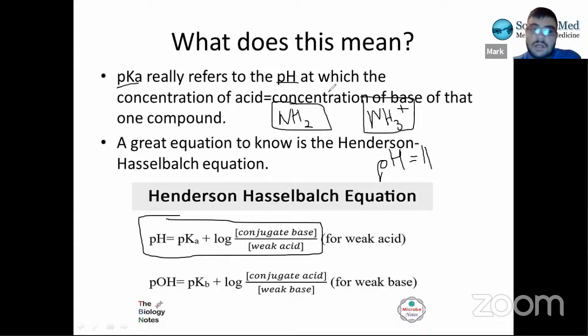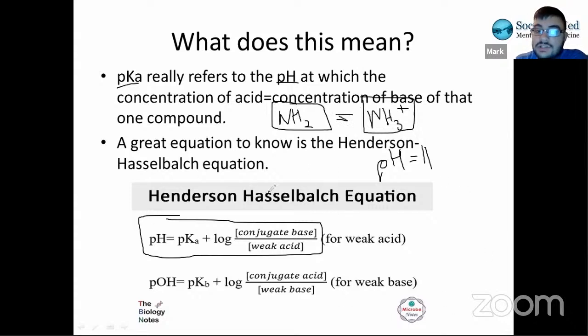What you usually see is a mixture, but typically it's very much favoring one side. When we say it's in the acid form, it's because 99.9% of all the molecules are in acid form and very few are in base form. However, when the pH is equal to the pKa of the specific compound, which here is 11, exactly half of all of the molecules will be NH2, and exactly half will be NH3+.